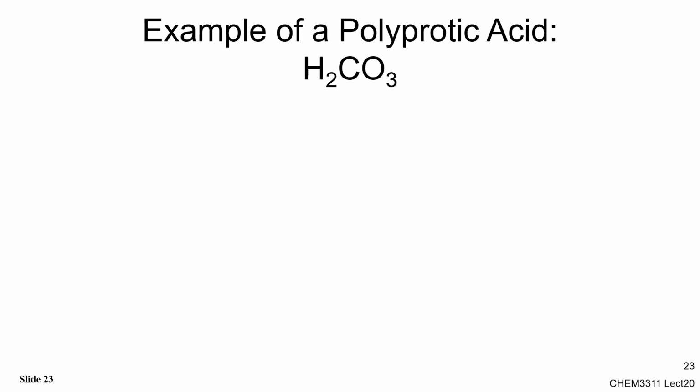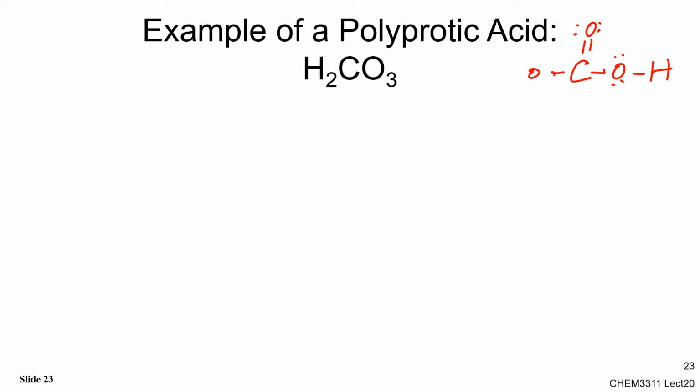Let's take a look at polyprotic acids now, and use as our example one of the simplest. This is carbonic acid. Carbonic acid is a dicarboxylic acid. Okay, there's our carboxylic acid group.